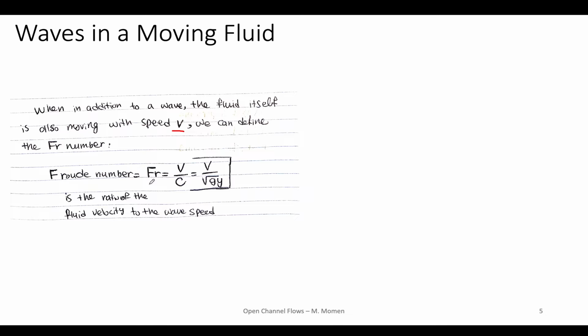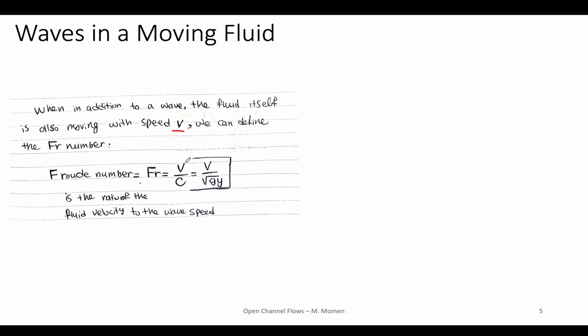So you have seen the Froude number definition before. We have defined it before, but this is what it really means. So the Froude number is the ratio of the fluid velocity to the wave speed. So the fluid velocity v over c. So in the previous problem where the fluid velocity was 0, the Froude number is going to be 0, right?